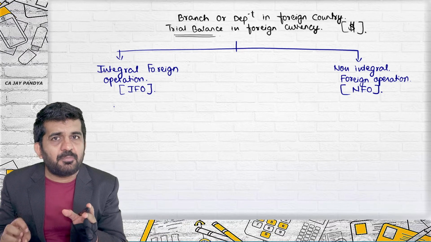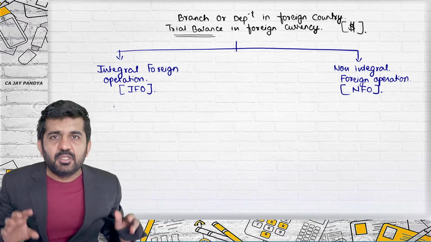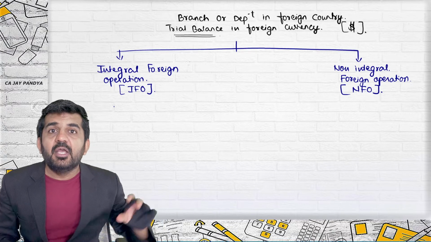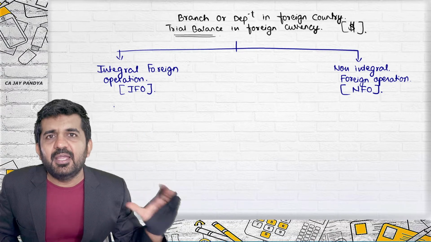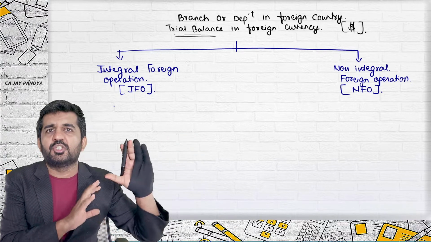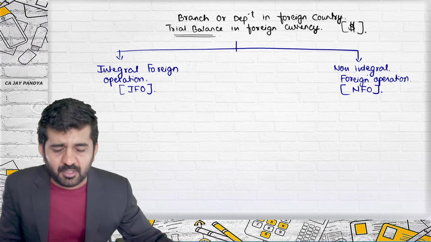Independent does not mean that we are also manufacturing refills and they are also manufacturing refills. There is raw material, so we are not independent. The operations in foreign countries should be independent. Then practically the branch or department will be treated as non-integral foreign operations.